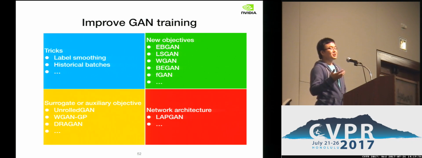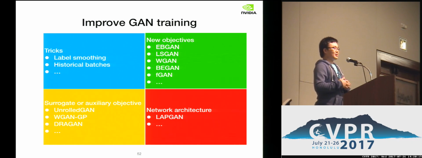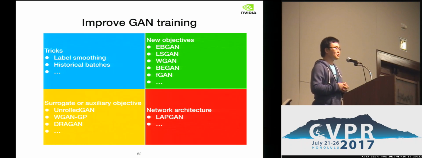Because GAN training can generate sharp images, people feel it's a good direction to go to generate realistic images. But currently it has a couple of problems as mentioned. So to address these problems, people with different backgrounds try to approach this in different ways.